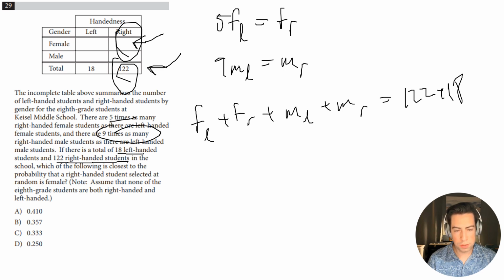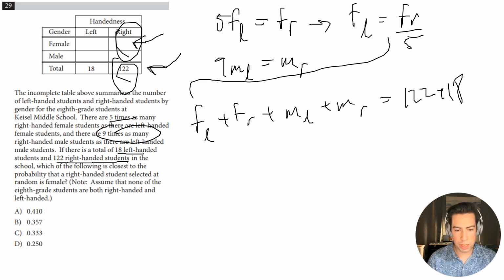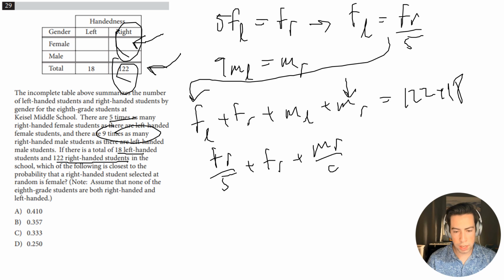So let's see here. That means that f sub l is going to equal f sub r over 5, so I can go ahead and plug that in. So I'm going to get f sub r over 5 plus f sub r plus, and then here I really just want to get it in terms of m sub r, so I'll do the same thing: m sub r over 9 plus m sub r equals, and 122 plus 18, that's going to be 140.